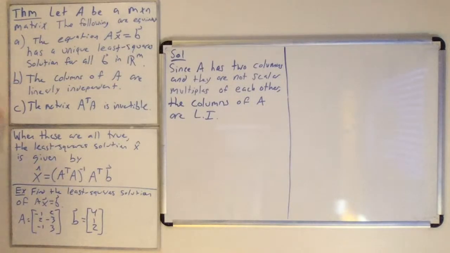Okay, so we're allowed to use this theorem. So we need to find A transpose A, then the inverse of that matrix, and then A transpose b, and then we'll take their product. Okay?